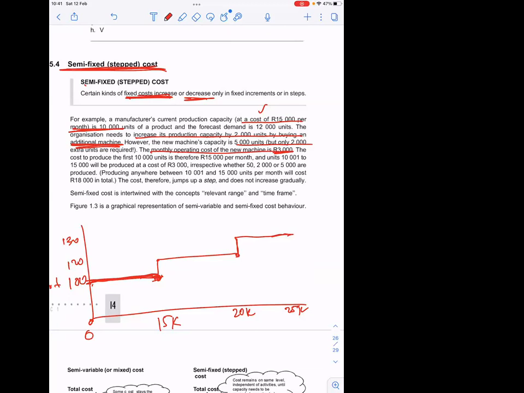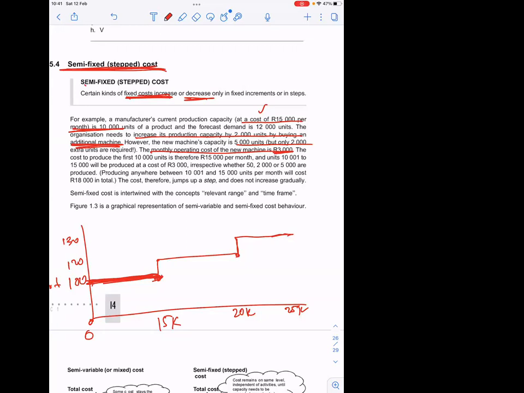We are operating nicely at 10,000, incurring a fixed operating cost for the current machine. Now that we have to push our capacity beyond what we are capable of producing, we need to buy an additional machine.